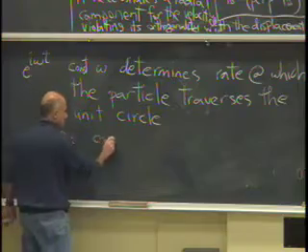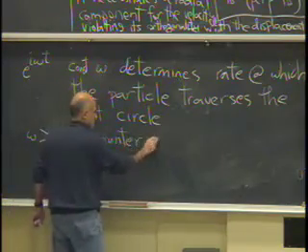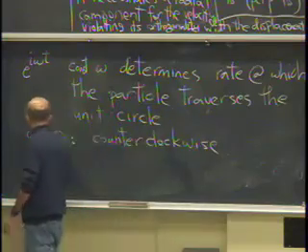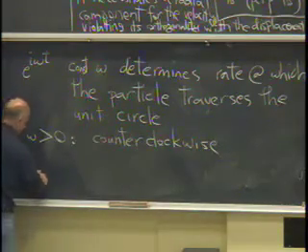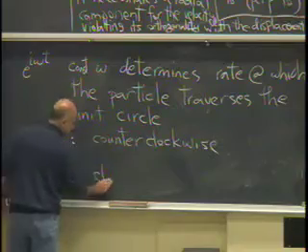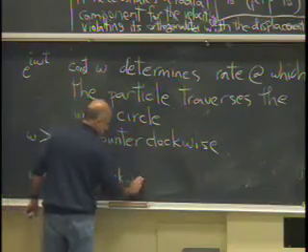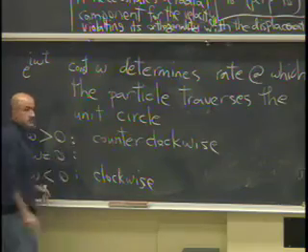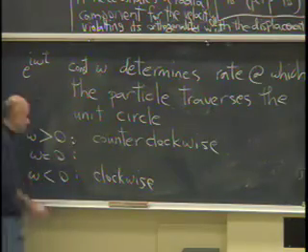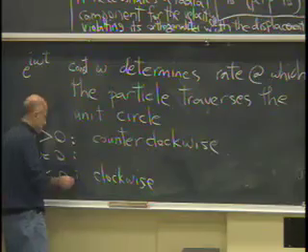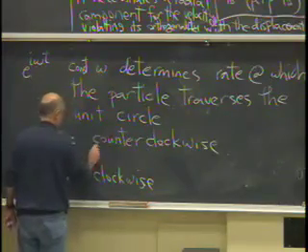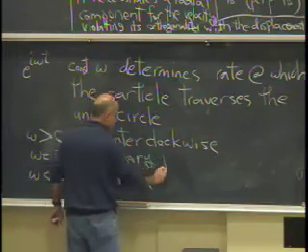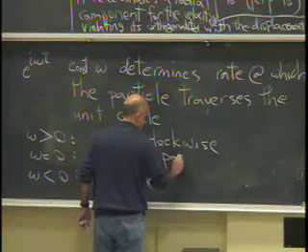Counterclockwise. And when omega is less than 0, it's clockwise. And when omega is equal to 0, it doesn't move, a stationary point. Stationary particle.